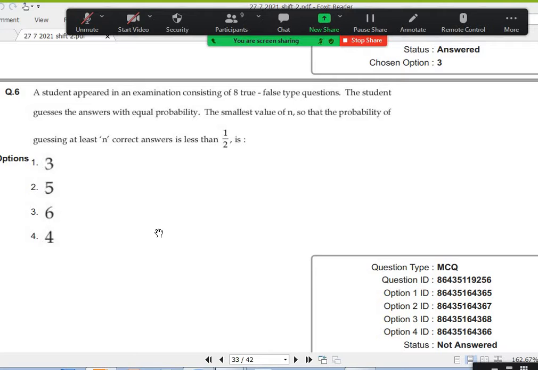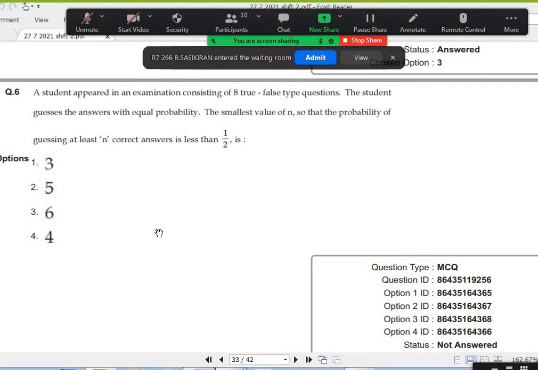The probability of a correct answer is 1 by 2, wrong answer 1 by 2. At least n correct answers out of the 8 is less than 1 by 2. Smallest value of n.